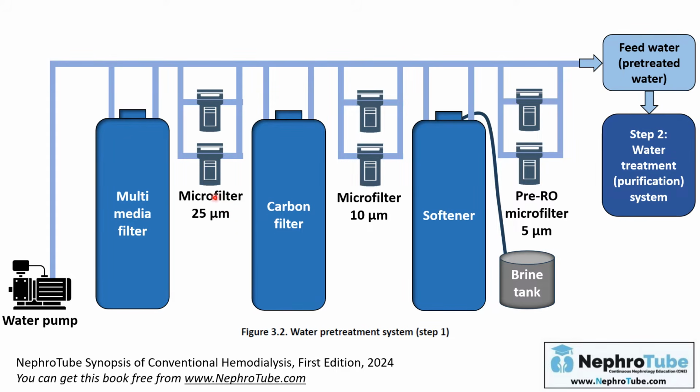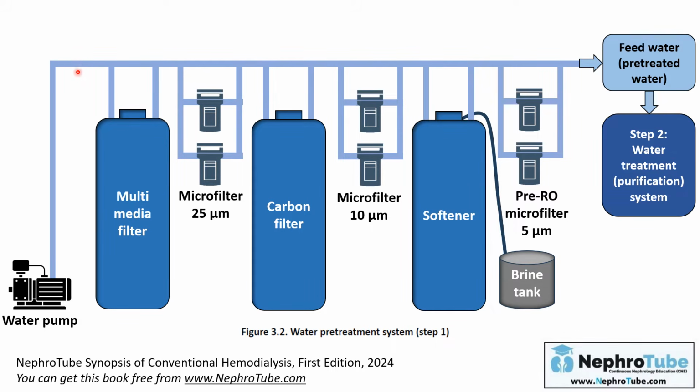They put here a 25 microfilter and 10 microfilter. The size and distribution of these filters depends on local center's policy, and it may differ from one center to another.